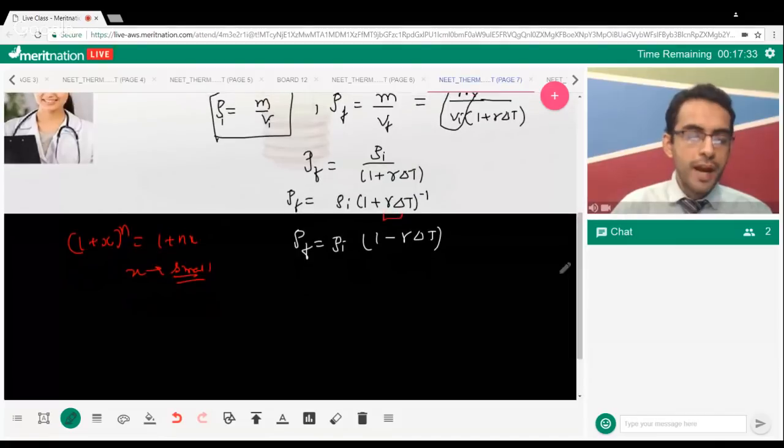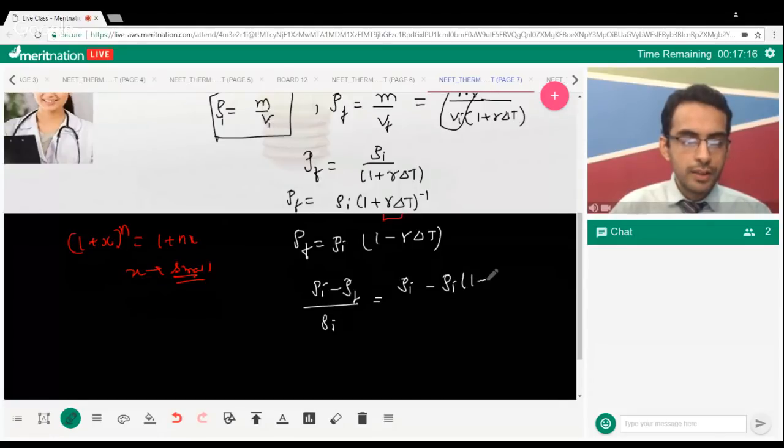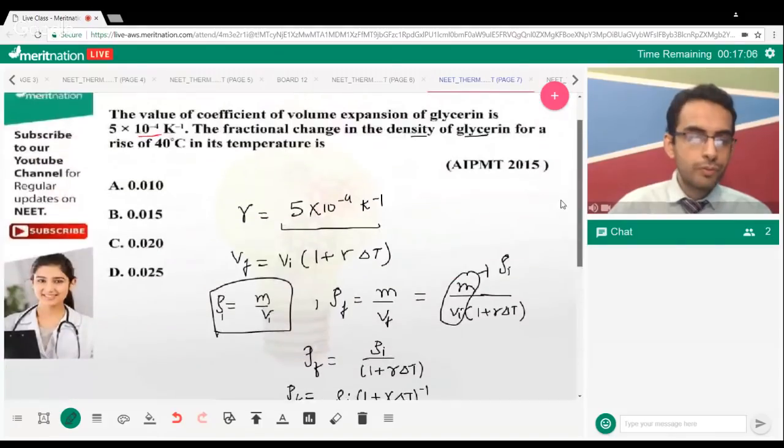So what we have to find in this question is rho I minus rho F divided by rho I. If we just put the values, rho I minus rho I into 1 minus gamma delta T, divided by rho I, you'll get it equal to gamma into delta T. Gamma is given as 5 into 10 to the power minus 4 per Kelvin, and the change in temperature is 40 degrees Celsius.